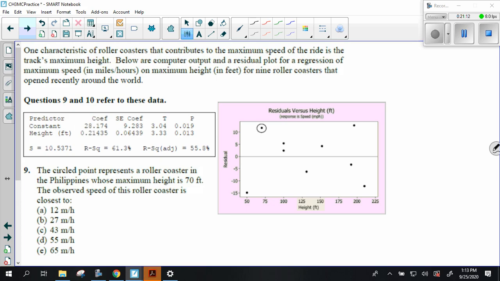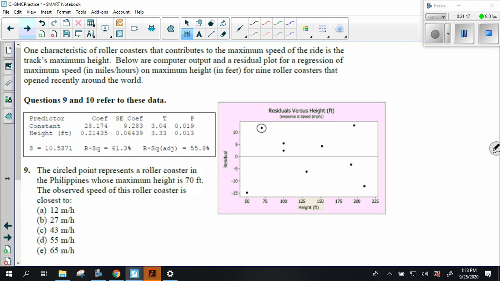We got some roller coasters. We have a computer output. We have a residual plot. All right. The circled point is a roller coaster in the Philippines whose maximum height is 70 feet. The observed speed of this roller coaster is closest to, okay, well, we're going to have to look at what this distance is, right?